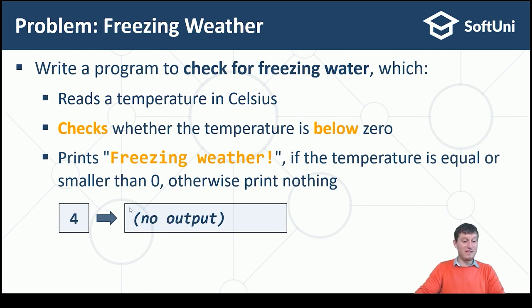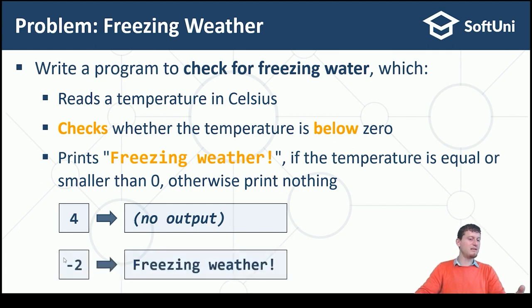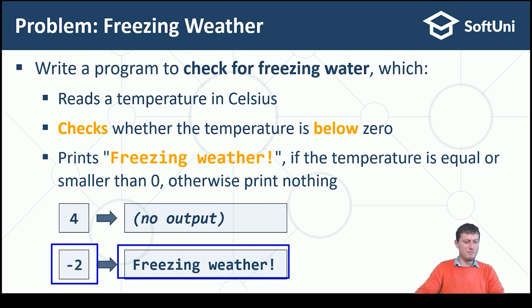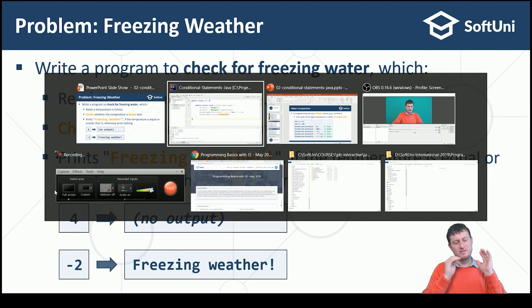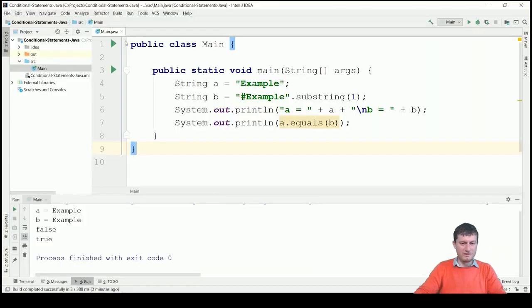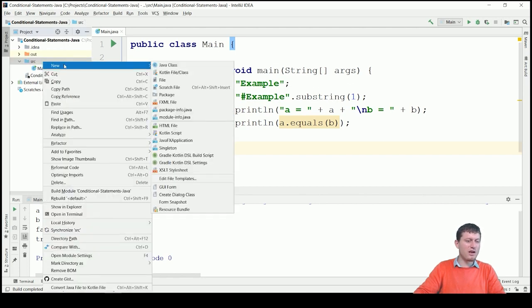If the temperature is 4, we give no output. Otherwise, if the temperature is less than 0, like -2, we print freezing weather. So this is the problem called freezing weather, and I will solve this for you to show you how to use conditional statements in Java in practice.